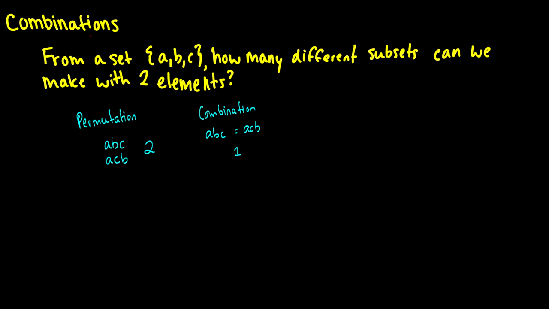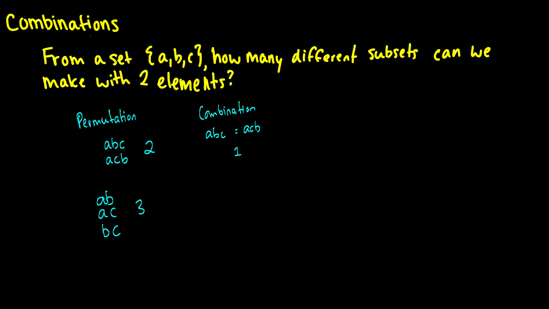So now that we've dealt with the differences here, how many different ways can we make a subset with just 2 of the elements? Well, let's just list them all. We can have A and B together, we can have A and C together, we can have B and C together, so these are 3 different ways.